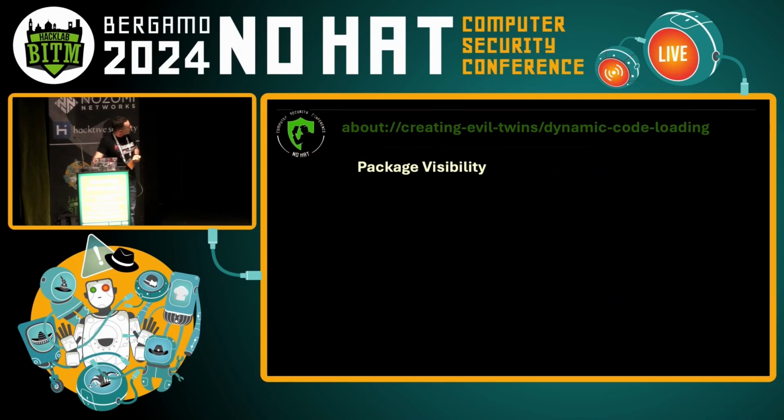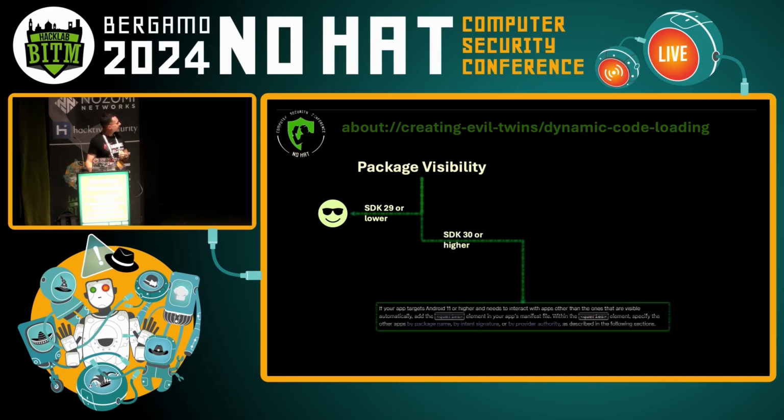Any workarounds? So before Android 11, this was trivial to do. So we could use a couple of, let's say, APIs, a couple of methods, and ask the package manager to give us the installation path of a specific app. This changed in Android 11, and we can't do that at least in a straightforward way.